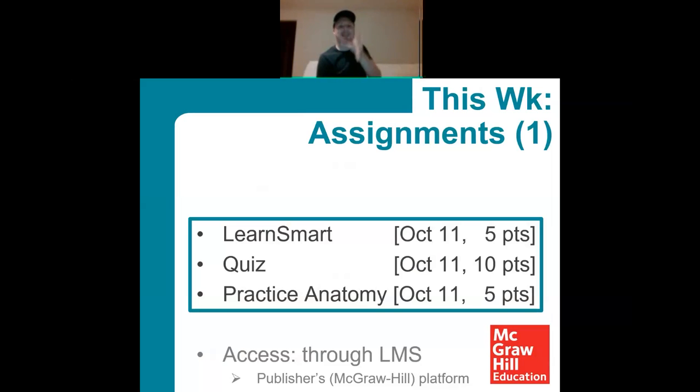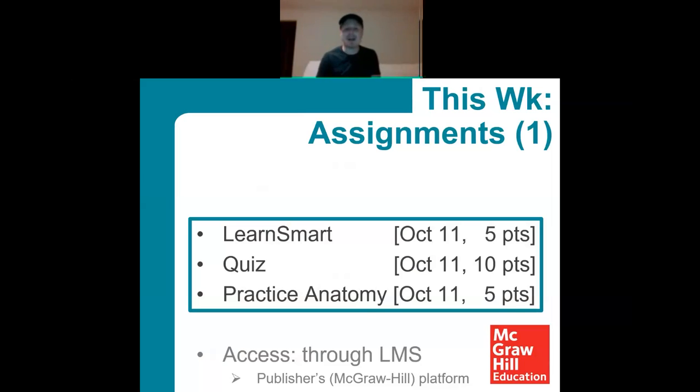Because we've got different sections that are doing this same class, we try to keep the homework and exams fairly similar from one section to another. So that quiz in particular was set up by someone else. I think it was a good quiz, but it was a lot to do. So I'll leave it at that. Just so you know that everyone else is having to do that long quiz as well.